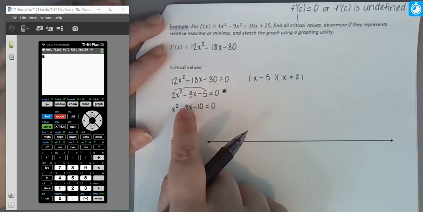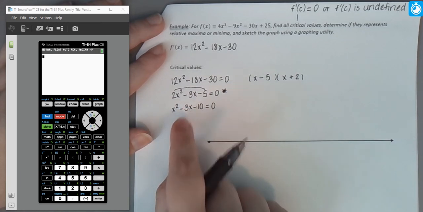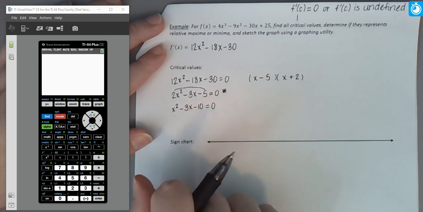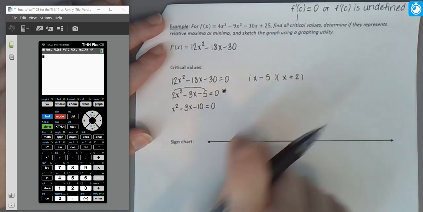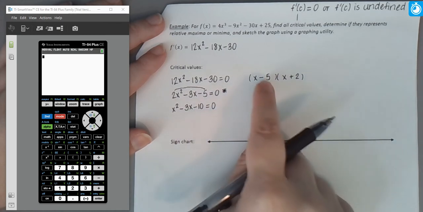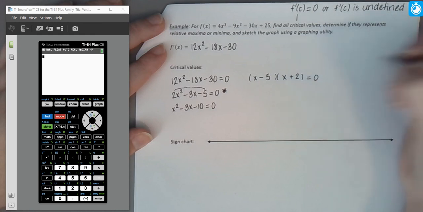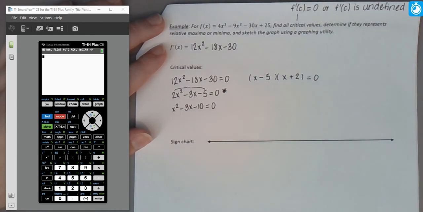If they also add up to give a negative number, that means the bigger one is going to have to be negative in order to make the output from addition negative as well. And so this is going to be the only pair that factors in this way to give me this polynomial. And of course, we can always FOIL it back out and check, and as long as we get the polynomial we started with, that indicates that our factorization is correct.